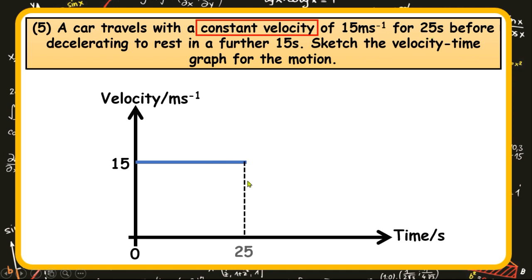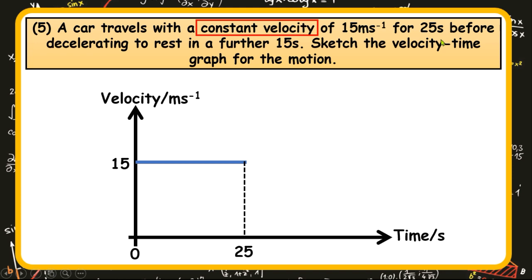So bringing it down, you project, and this is 25 seconds. Friends, I will want to say, get used to what it means by constant velocity graph, uniform acceleration, then deceleration. Just these three, and you'll be able to draw as I'm doing.